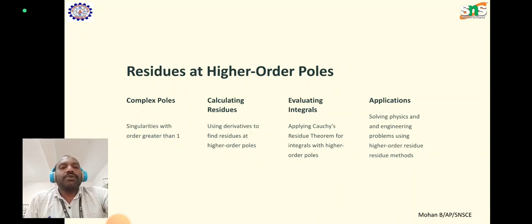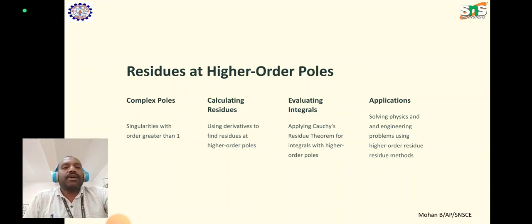Here we have to see one more point: residues at higher order poles, evaluating integrals and applications, because it is very important to real life problems. So many of these contents are used in evaluating integrals and applications with residues.